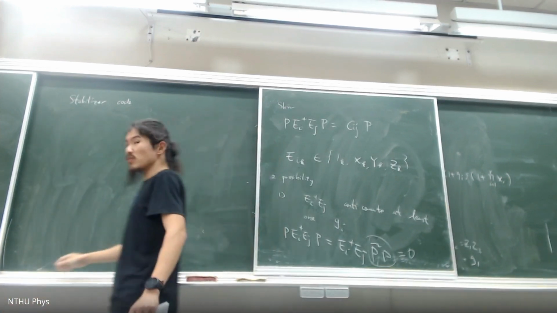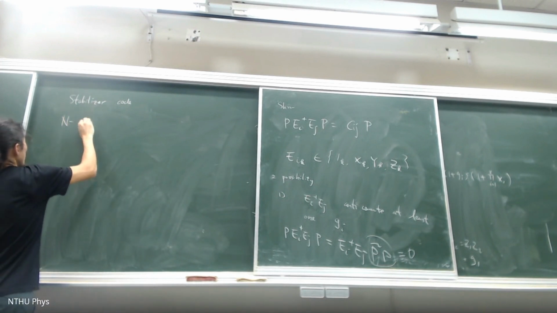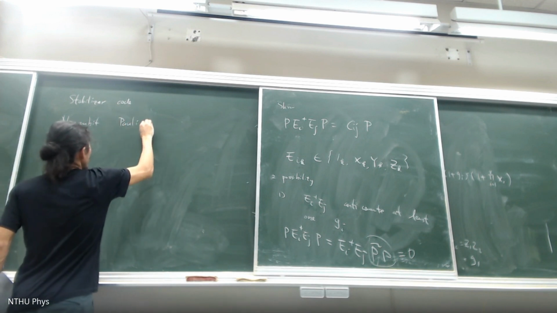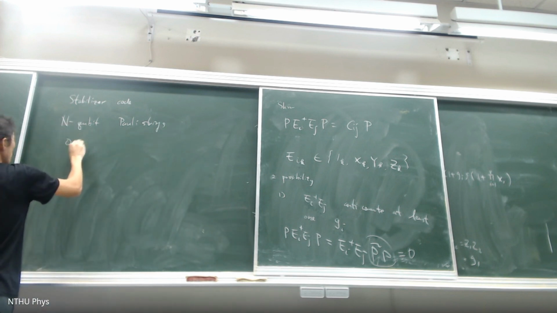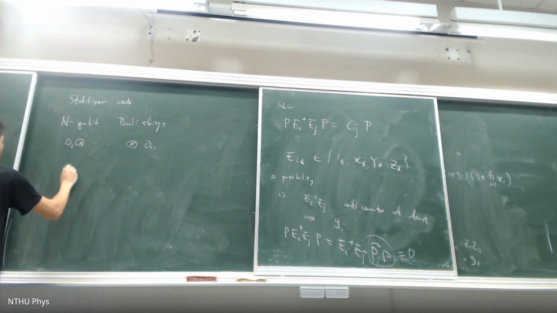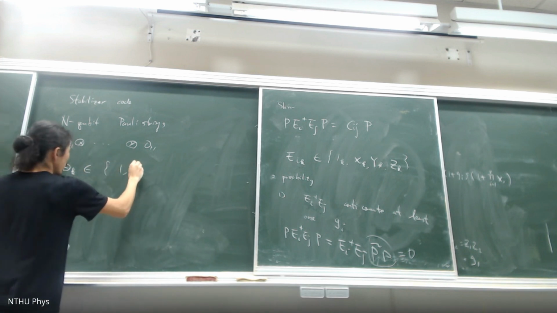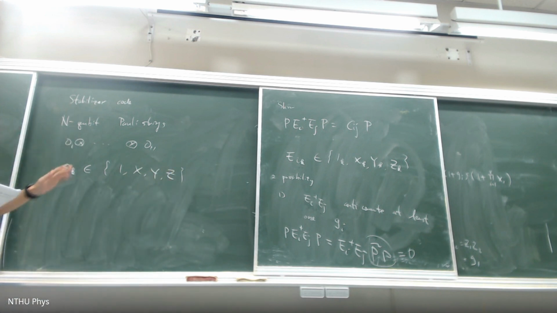Let's suppose I have n qubits. Denote by O1 times ... ON, where each Oi is basically 1, X, Y or Z. So it's a Pauli string. This Pauli string forms a group.